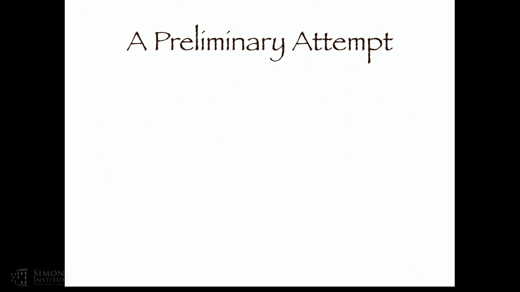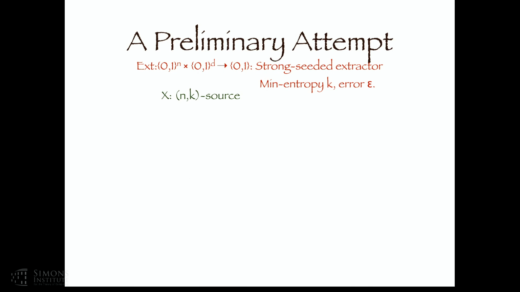All right, so a preliminary attempt. Suppose we just get a good strong seeded extractor. Recall that X is the first source to the two-source extractor, and it gets a sample. The idea is to run over all the seeds of the extractor. Since we have really good constructions of strong seeded extractors where D is order log n, the total number of seeds is poly n.